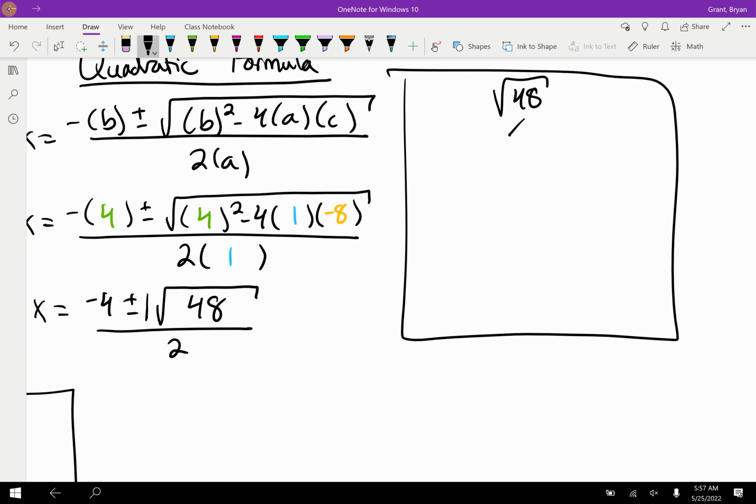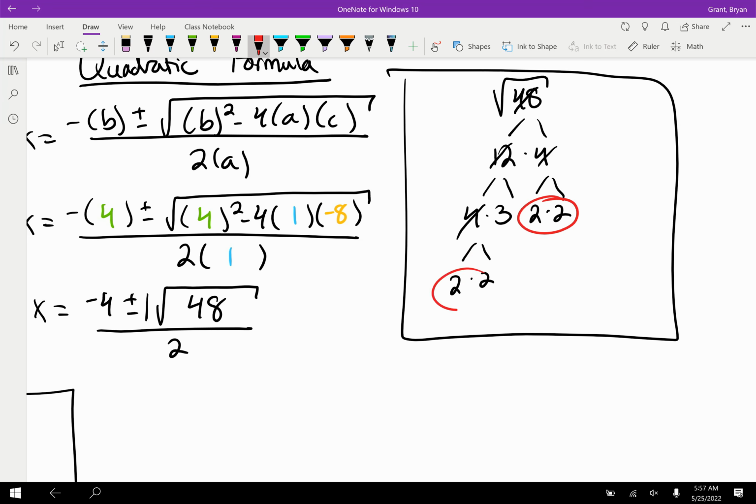Write a little bit smaller. Okay, 48, well, I know it's 12 times 4, and that's 2 and 2. 12 is 4 and 3. I did 6 and 2 last time. We're just switching it up here. 2 and 2. So we have a pair of 2's, loner 3. Each pair of 2's is going to go on the outside, and that leftover 3 goes on the inside.